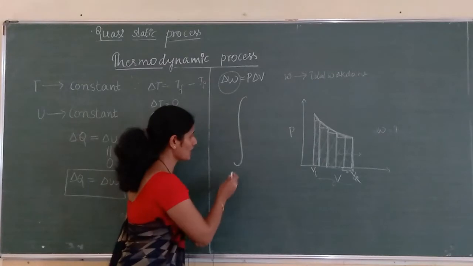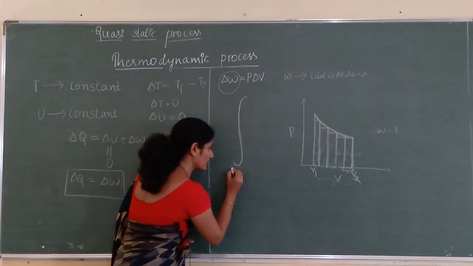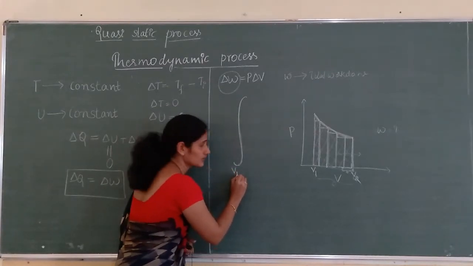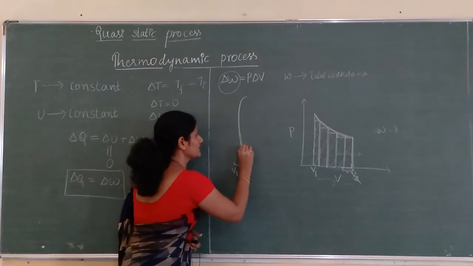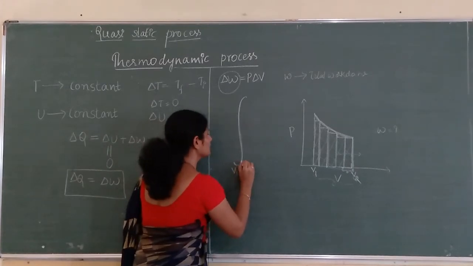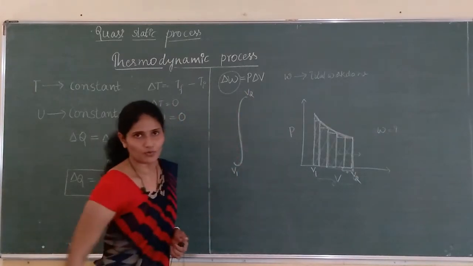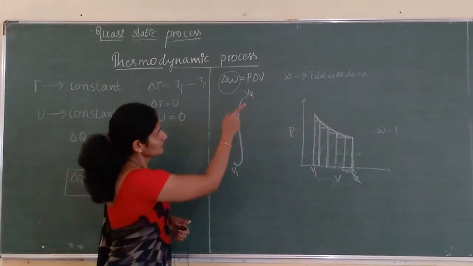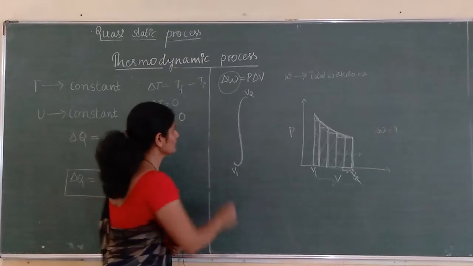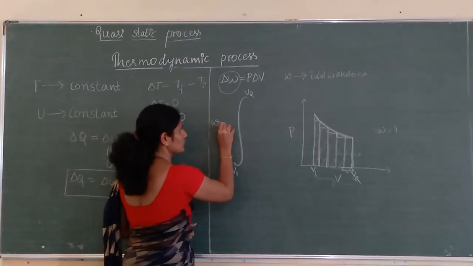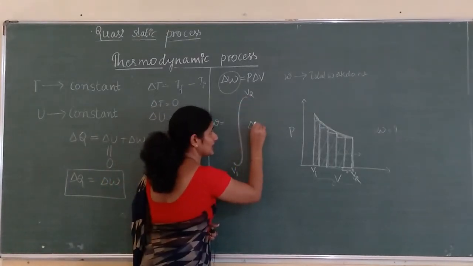So here you have to write the lower point here, V1. This is the lower point, and from V1 to V2, this is the upper point. We are calculating W. So work done, W is equal to integration of delta W.